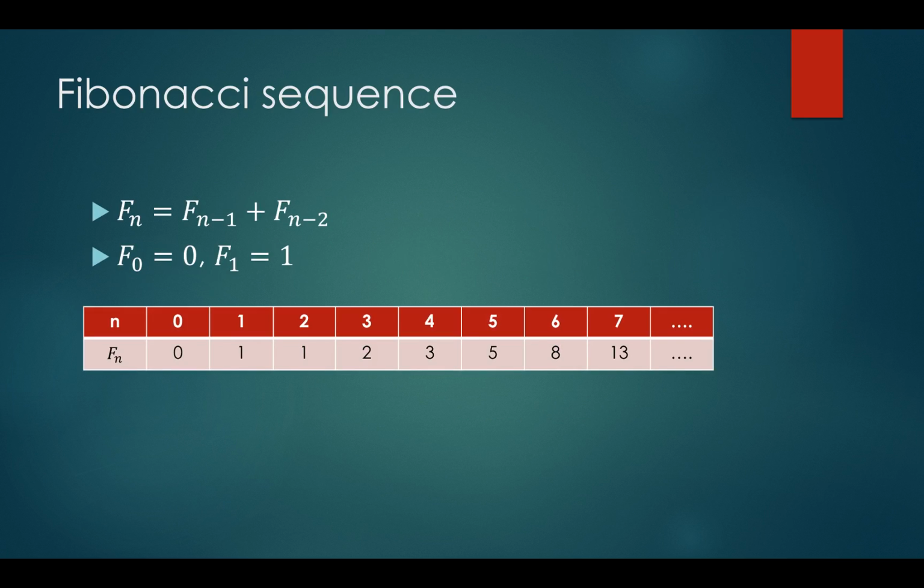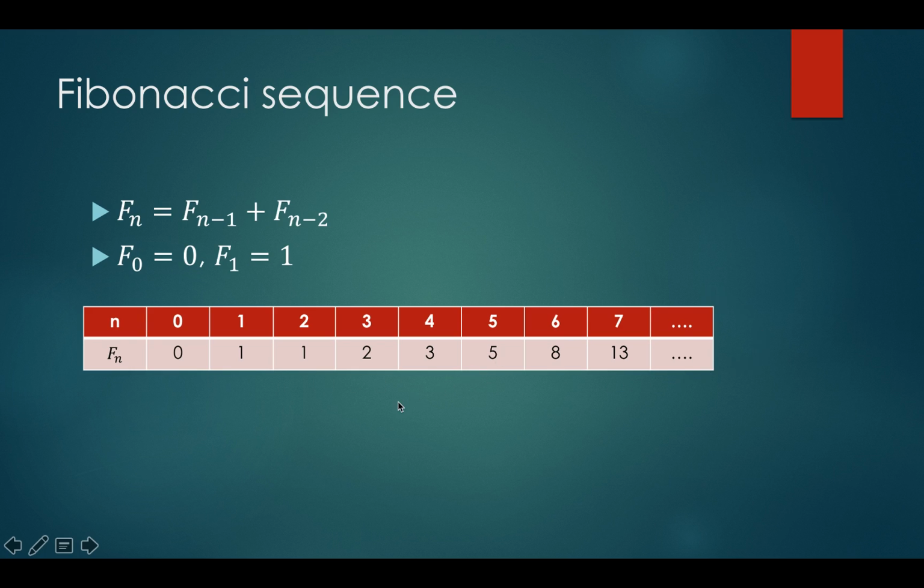So, a quick recall of the Fibonacci number. We know that the zeroth Fibonacci number is 0, and the first is 1, and the nth Fibonacci number is equal to the sum of the n minus 1 Fibonacci number and the n minus 2 Fibonacci number. There's a table showing the first seven Fibonacci numbers.